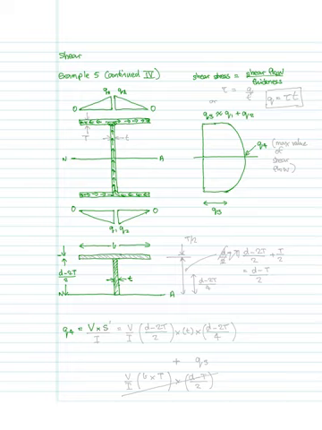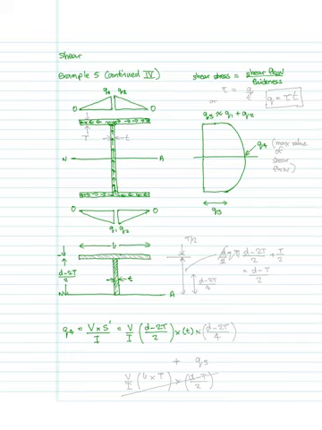So let's deal with the shaded bit first. So Q4 is going to be equal to our shear force V times the second moment of area to the position where we are calculating it, divided by I. So let's take the V over I out, and then let's deal with the shaded area first.